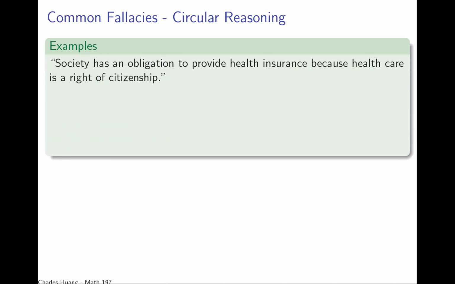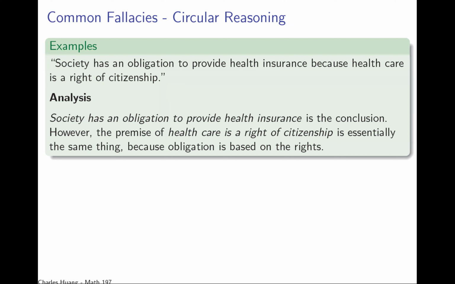Now, there are a few complicated words that we use in here. But if you think about it, here we're trying to say the society, right, the government needs to give us health insurance, right? Give us the ability to go see a doctor, to go to the hospital.